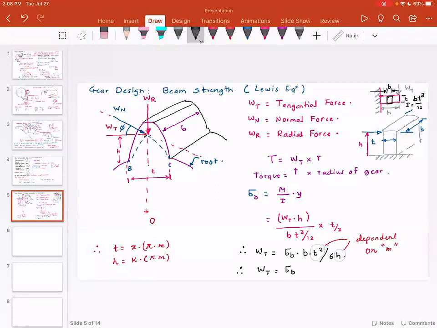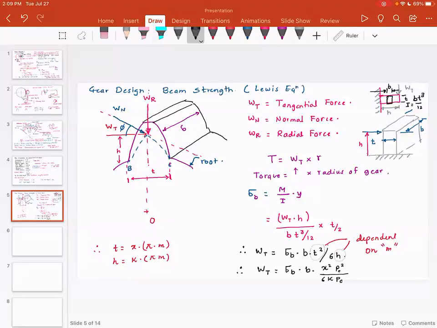Sigma B multiplied by B multiplied by X square. Then pi times M is the circular pitch, so I'm going to write circular pitch as PC, divided by 6 times K times circular pitch.